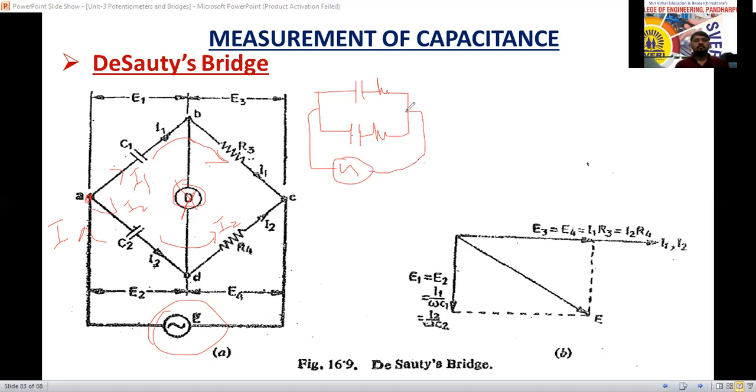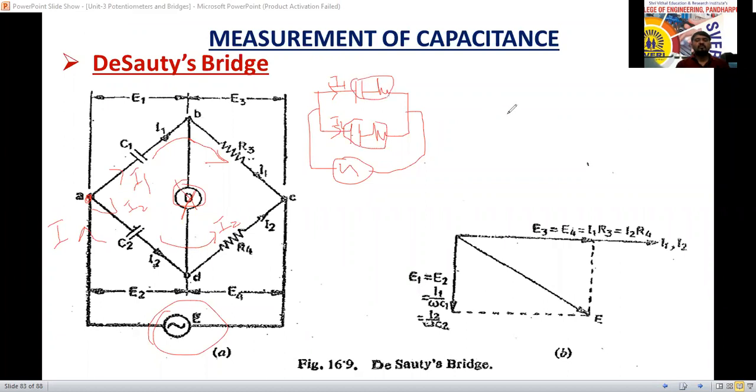Yes, sir. So under this condition, I will consider I1 here and I2 here. The value may be changed, but here also capacitor and resistance are there, here also resistance and capacitance are there.